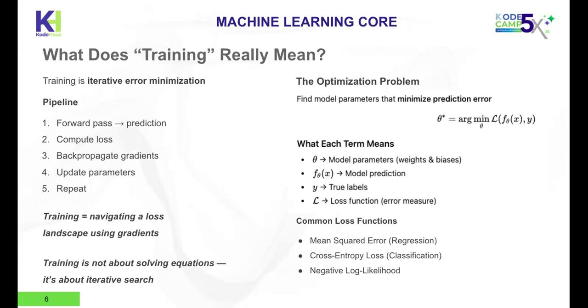So whenever you are searching for either a maxima or a minima, a maximum or a minimum, it is an optimization problem. So the optimization problem is to find the parameters of a model that will minimize the prediction error. That's what it is. This is what we have been doing in what we've been talking about, right? F theta, where theta is a specific set of parameters, right? F theta of x will give you the y hat, right?